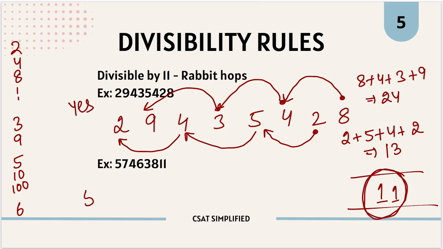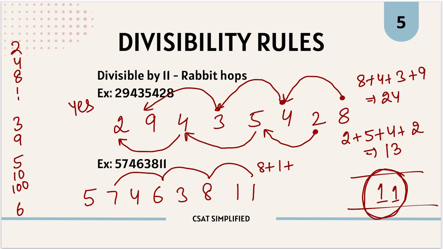Let's take another example. 5, 7, 4, 6, 3, 8, 1, 1. Hop number 1, 2, 3. Then we cannot do more hops. So we have 8 plus 1 plus 6 plus 7. So what is the total? 9 plus 6 is 15 plus 7 is 22. Do another jump, this jump and this jump.